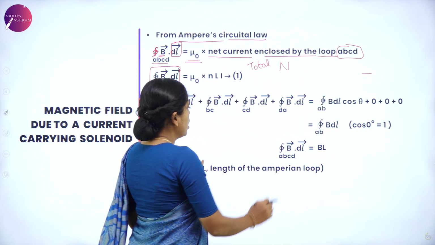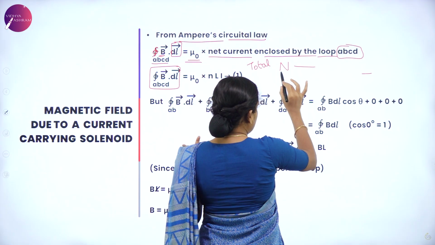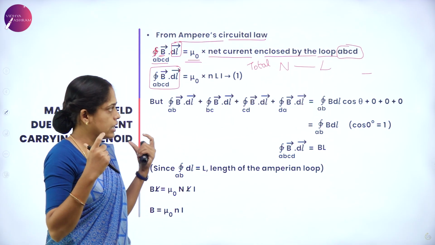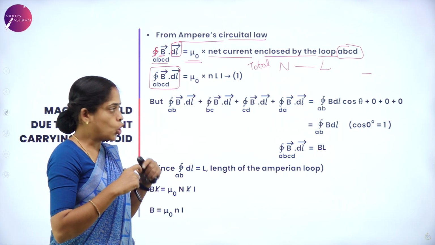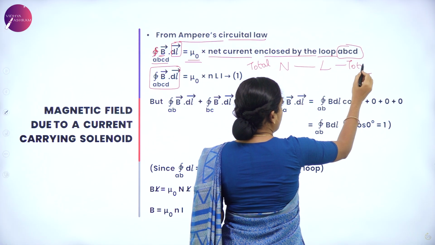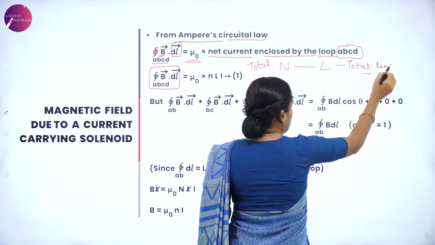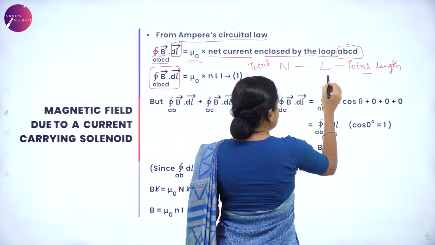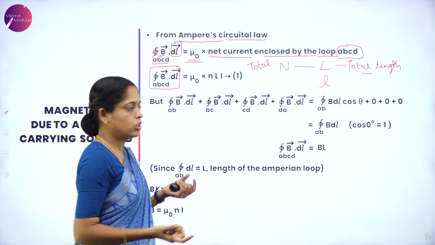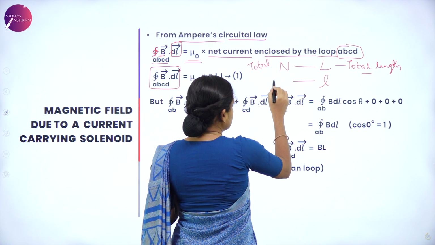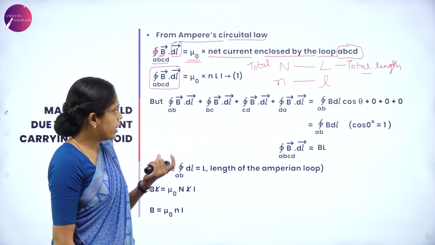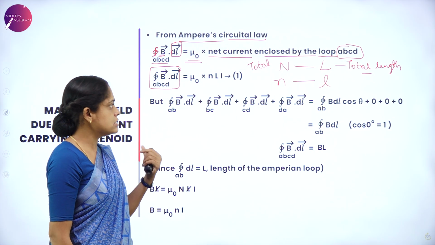The length of the coil is capital L. For a small length, like 1 centimeter or per unit length, let us consider the number of turns as n.